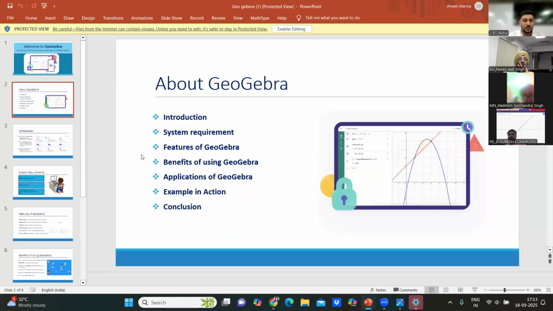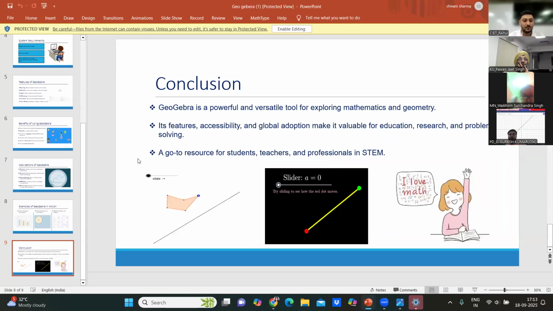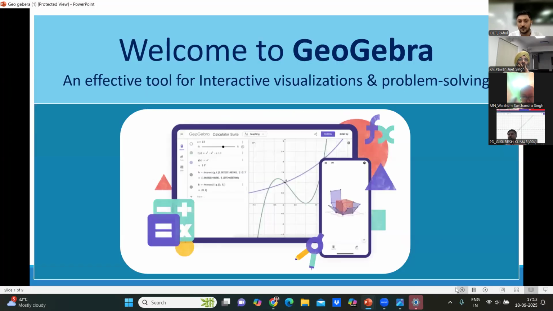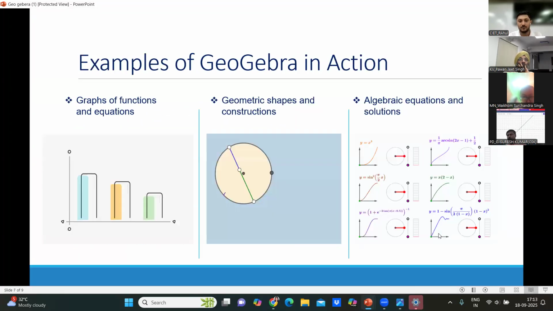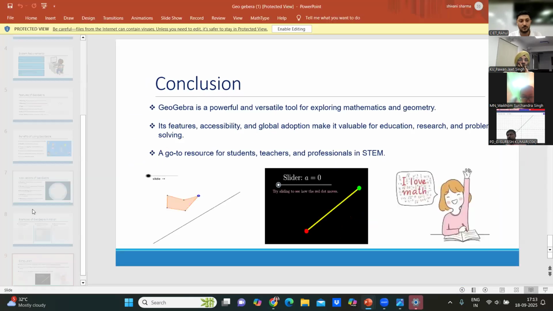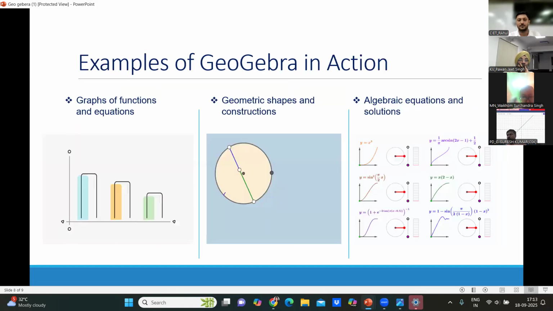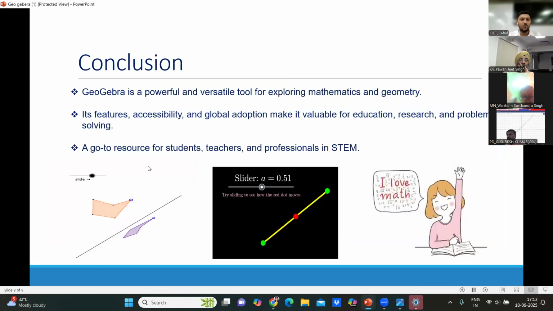A go-to resource for students, teachers, and professionals in STEM.